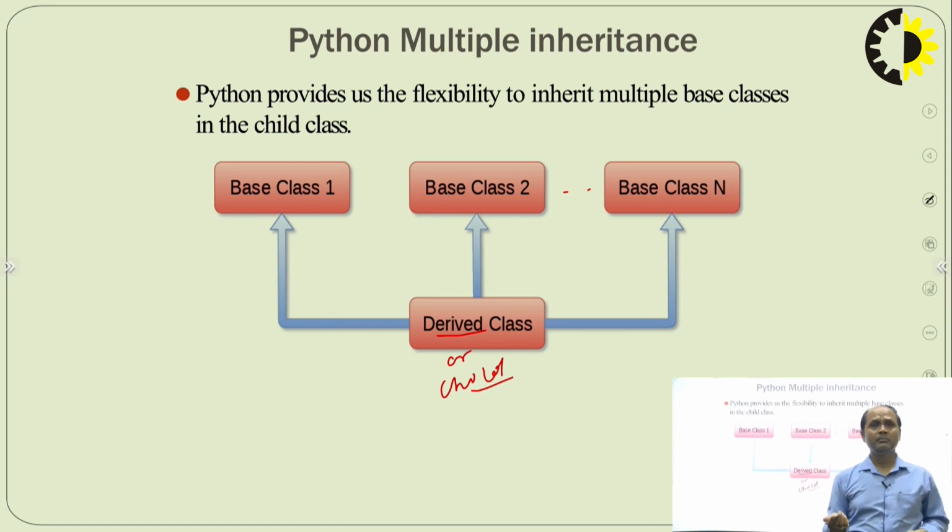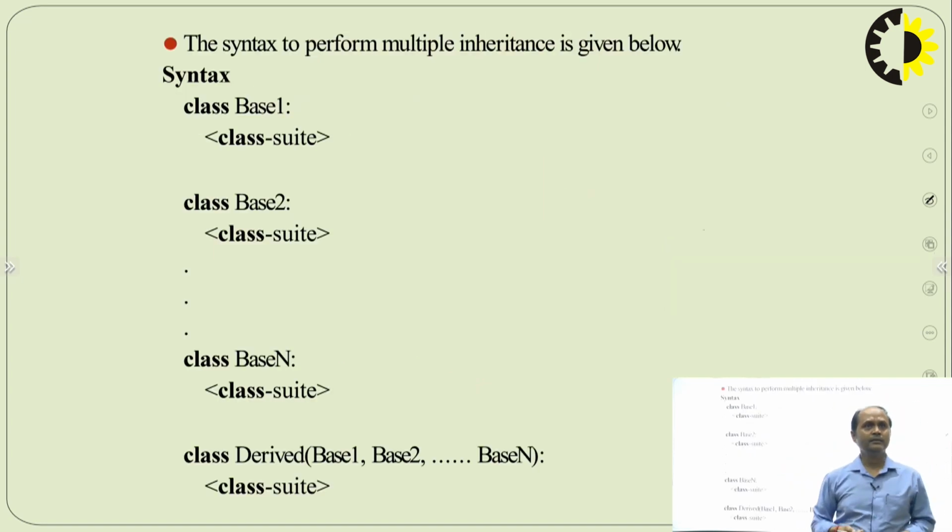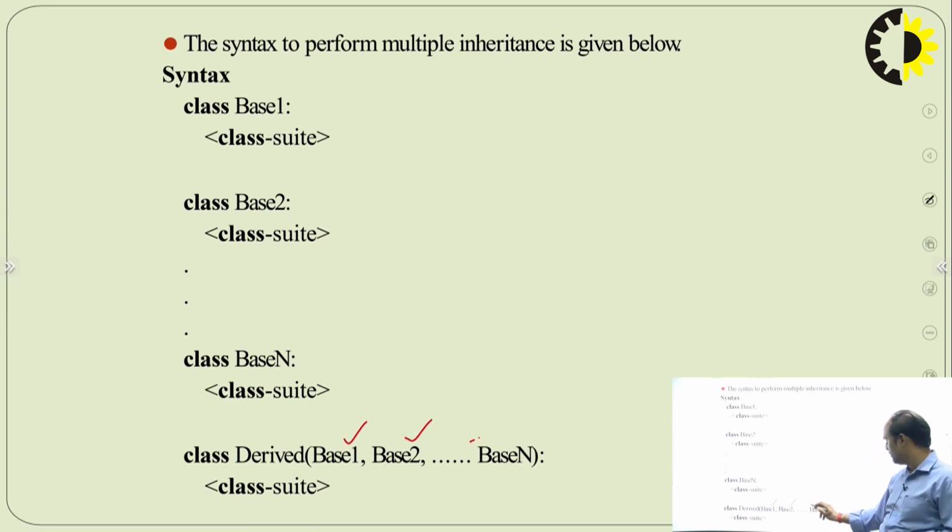This is the basic syntax of multiple inheritance: class base 1, class base 2, class base n, and then the derived or child class, where we pass base 1, base 2, up to base n. This is the syntax of multiple inheritance.